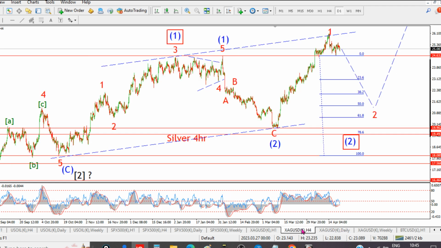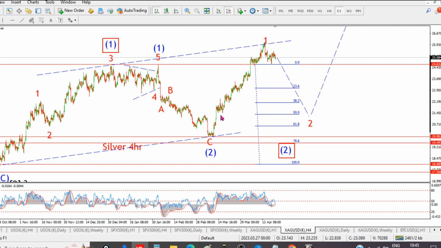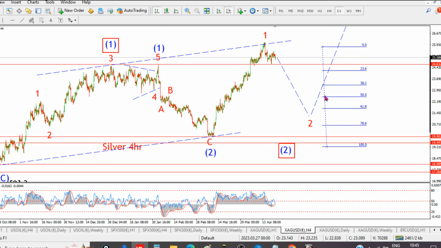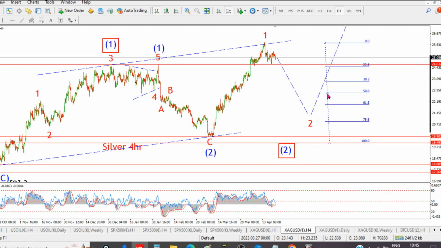On the 4-hour count, we can see that all we've done basically is burn out against the searing pace of that rally. We've burned out now, and while we haven't confirmed anything just yet, I think that burnout is pretty much confirmation enough that we should be rolling over into a second wave.